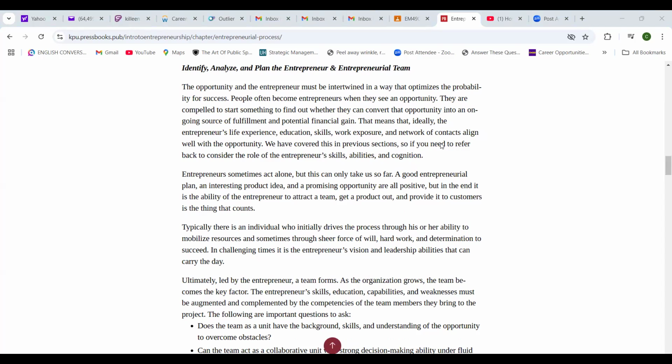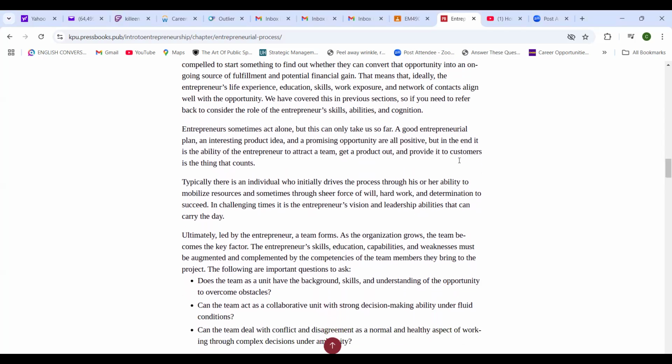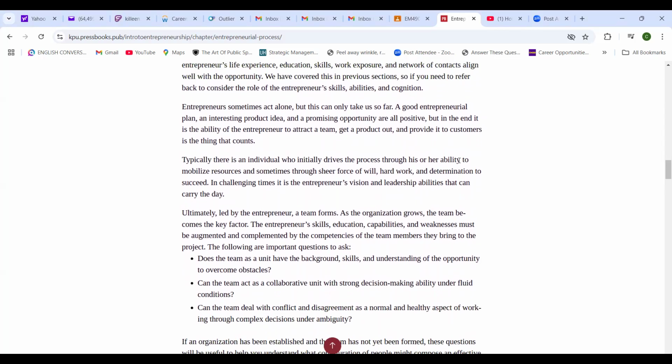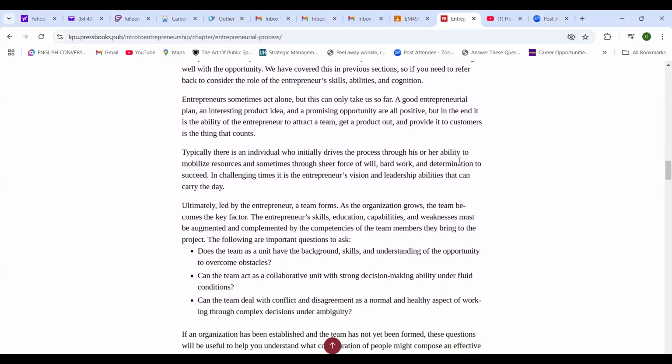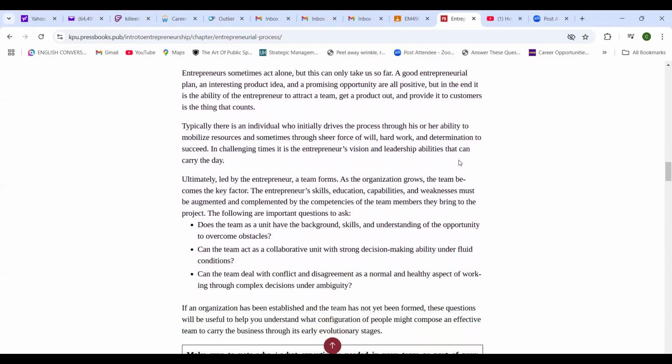They find out whether they can convert the opportunity into a source of fulfillment and potential to gain financial gain. That means that ideally the opportunity is there, and the entrepreneur's life experience, education, skills, work exposure, and network of contacts align with the opportunity. They've covered this in previous sections, and you need to refer back to consider the role of the entrepreneurial skills, abilities, and cognition.